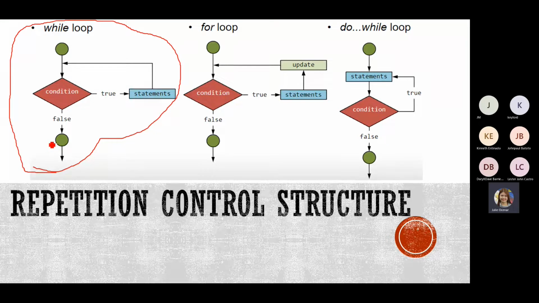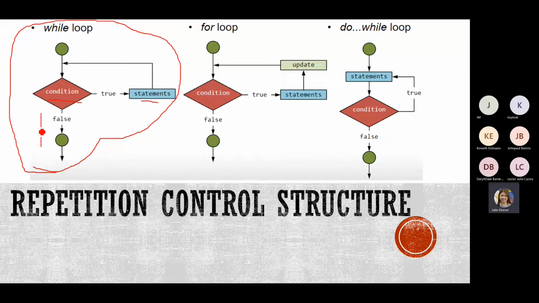The while loop evaluates a condition first. So, i-evaluate muna niya yung condition natin bago natin gagawin o hindi yung statement. So, condition, if it is true, then execute the statement. If it is not, then labas sa while statement.